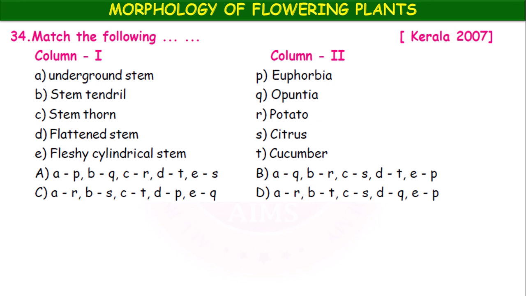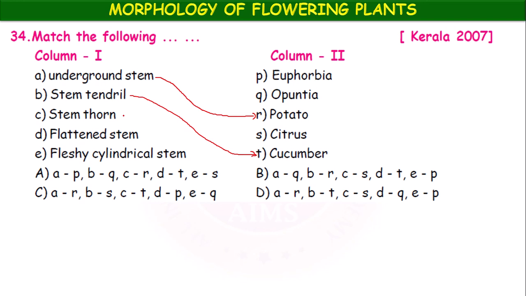So here let us try to match first, then we can select. Underground stem, potato is the underground stem. Next, stem tendril, it is a cucumber.